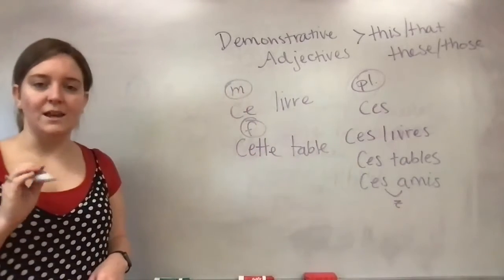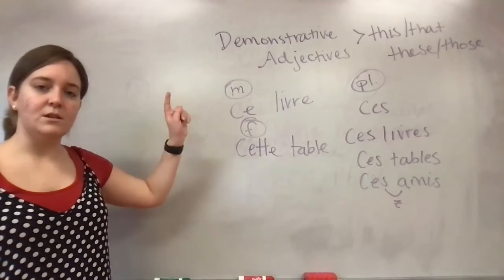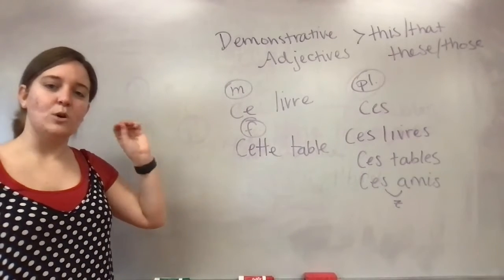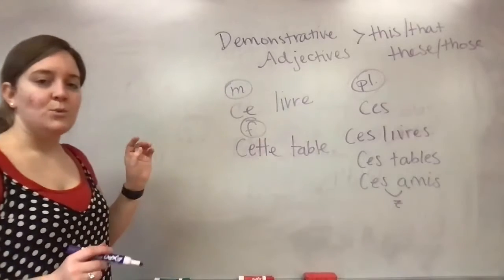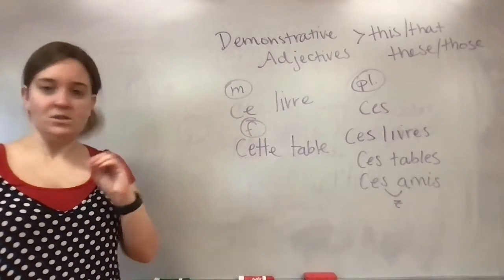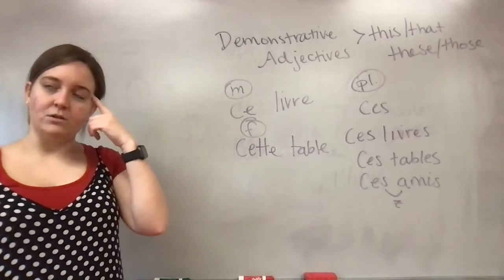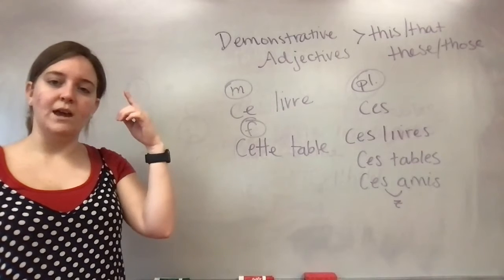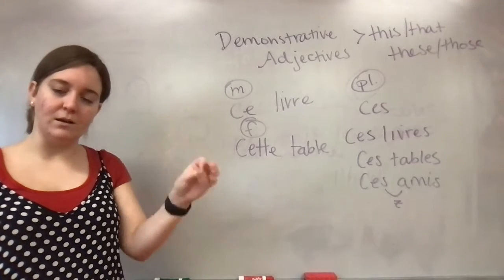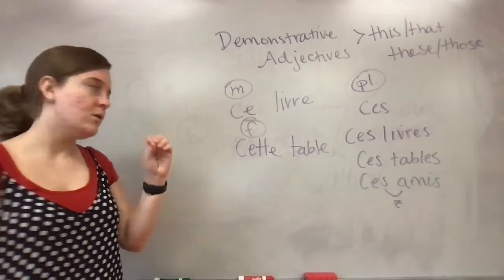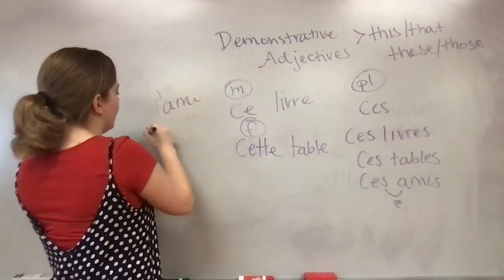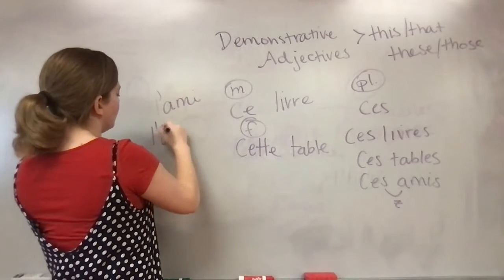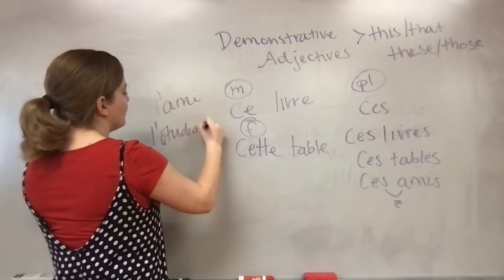Now, the one thing that is a little bit difficult is the things that are masculine that start with a vowel, like ami, okay? Because we can't say ce ami, that doesn't sound very good. And think of other situations in which we have that sort of choppy speech, like with ami or étudiant.